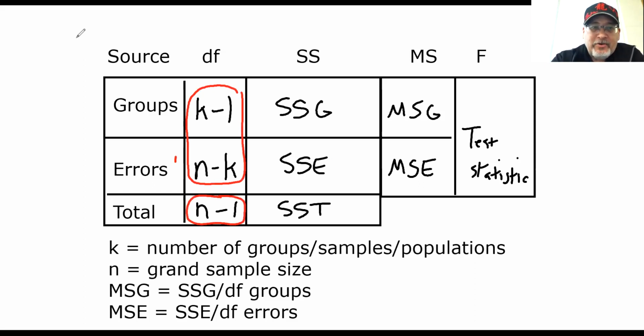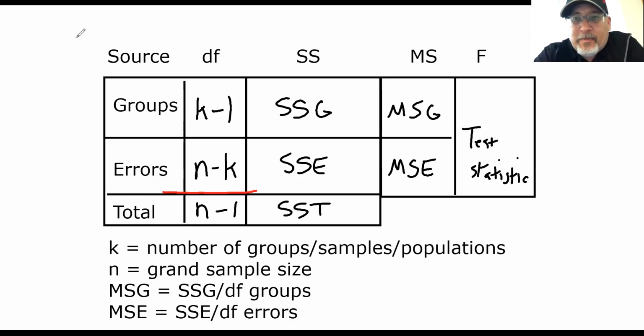Well, that means that the first 2 degrees of freedom add to give the 3rd. From an algebra perspective, if you added k minus 1 and n minus k, the k's would cancel, and that would leave you with n minus 1. So all that means is that the 3 numbers in that column should make an addition problem. In fact, that's why this is total, because the bottom degrees of freedom is the sum of the first 2 degrees of freedom.